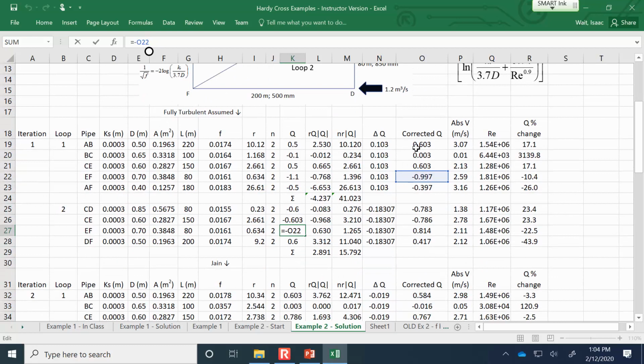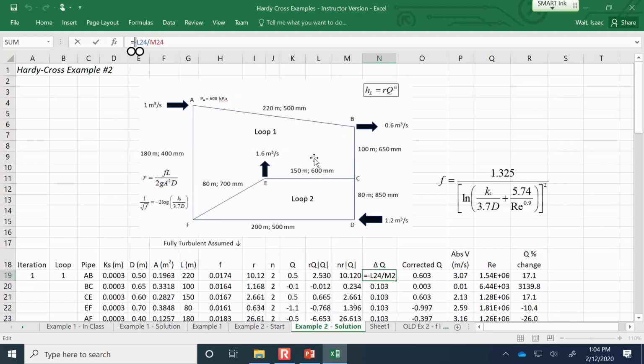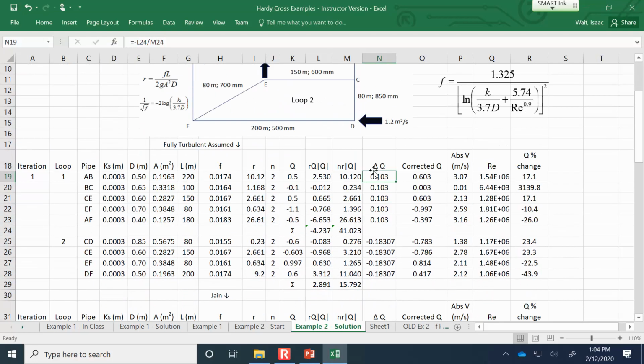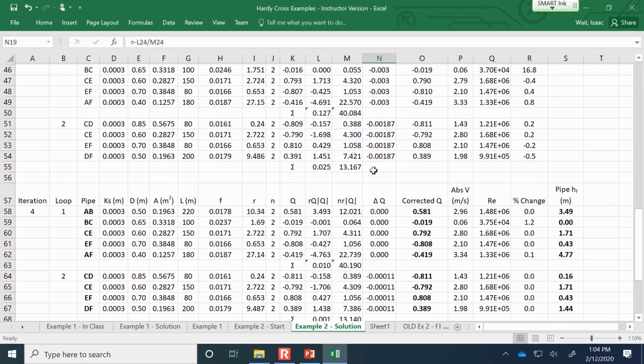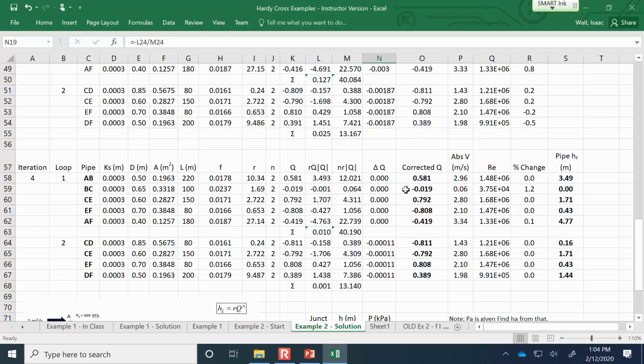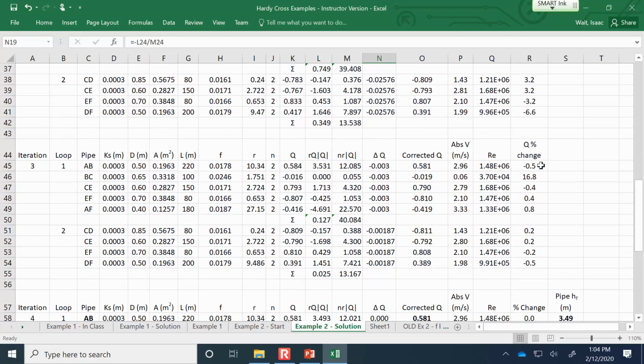Another mistake that sometimes gets made is in the delta Q, forgetting to put the minus sign in that formula, because it may not be as obvious that that needs to be done. We went through a couple of times. In the 4th iteration, things are mostly stabilized in the 3rd iteration, but since this is such a low flow rate pipe, the percent change looks unnaturally big.